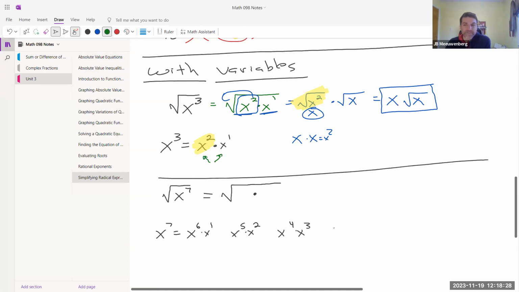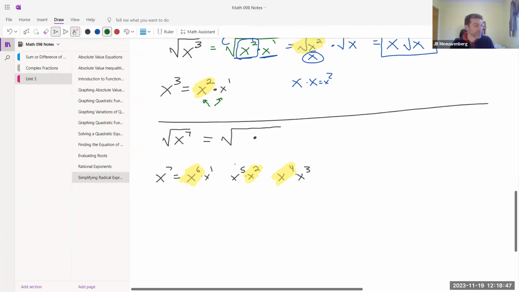Any even numbered exponent on a variable is always going to be a perfect square. So this, this, and this are all perfect squares.